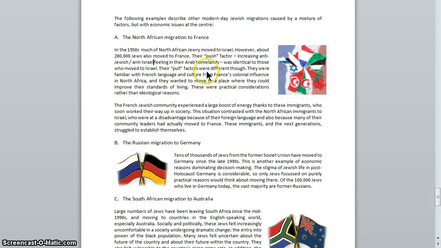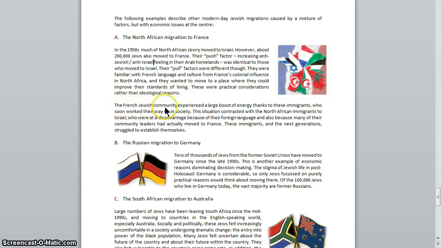Their pull factors were different though. They were familiar with French language and culture from France's colonial influence in North Africa, and they wanted to move to a place where they could improve their standards of living. These were practical considerations, rather than ideological reasons.